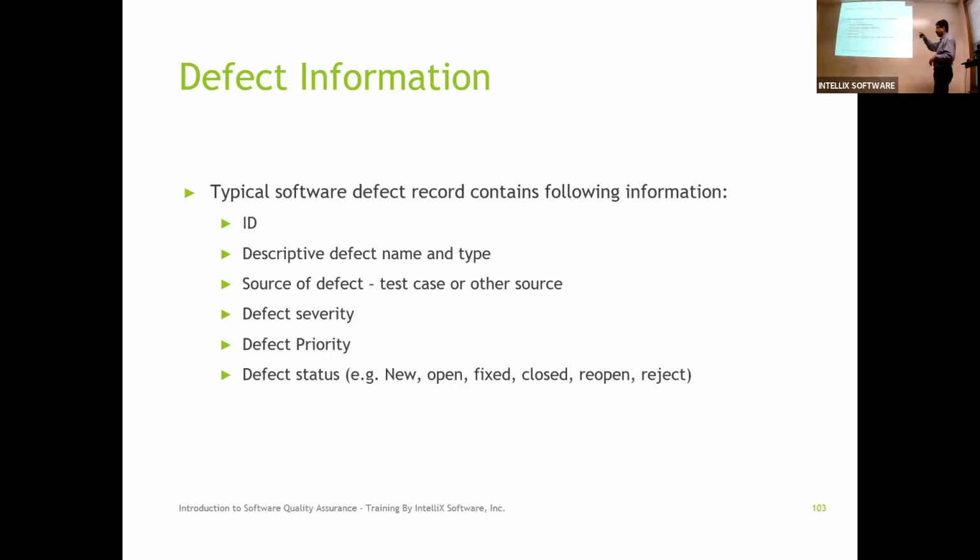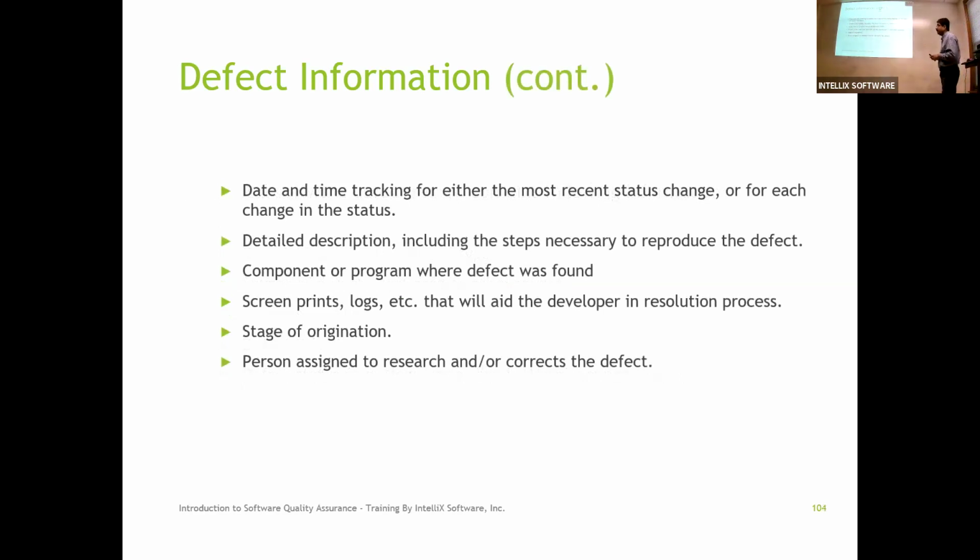Then obviously we went through the life cycle. What is the status? Like new, open, ready to be fixed, closed, rejected, all those statuses become part of it. And you want to be able to track the date and time when the defect was identified, as well as when changes are made to the life cycle.